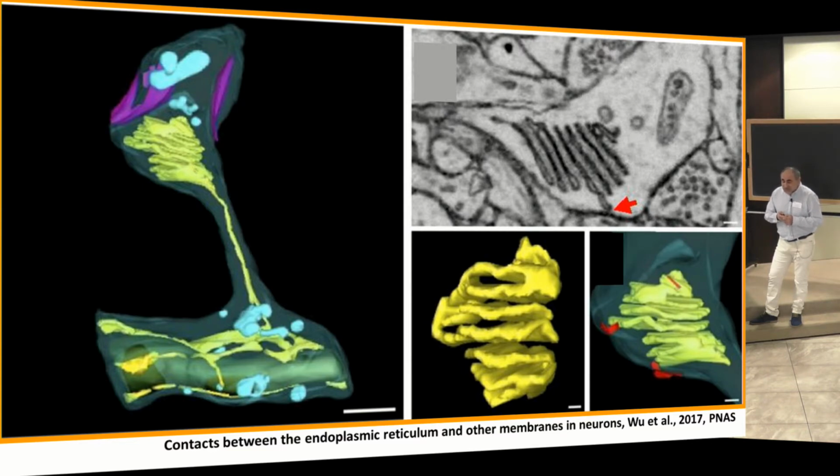Oh, this is mainly cortical or hippocampal neurons. Yes, I didn't mention it, but there are, for example, very spiny cerebellar neurons, like Purkinje neurons. They don't have this machinery, but very important cortical and hippocampal neurons do have.